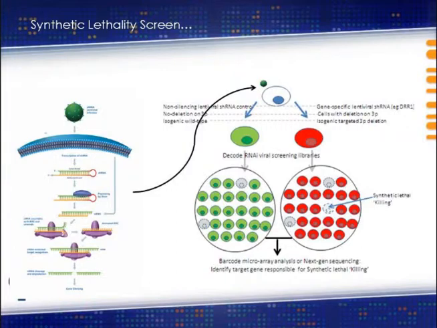The strategy that we employ to uncover these pathways is quite unique, and again, it uses the power of genomics, or what genomics has brought to the scientific community. We use a viral system to deliver a small piece of inhibiting RNA or nucleotides that target every single gene in the human genome.